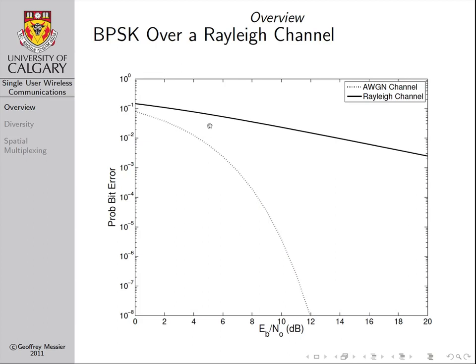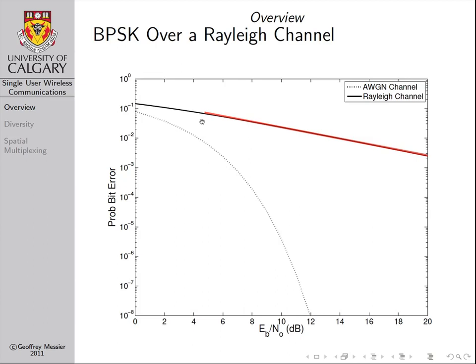If we look over at the curve for the Rayleigh faded channel, we see something very different. So rather than having a waterfall curve shape, the bit error rate curve is essentially linear. It's essentially a straight line, and the slope is not very steep at all.